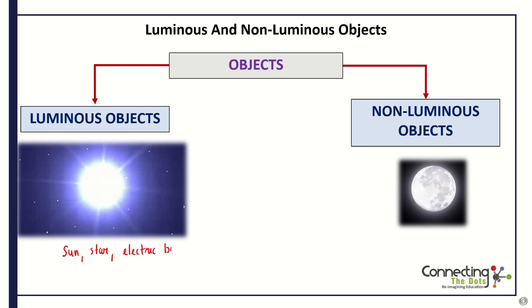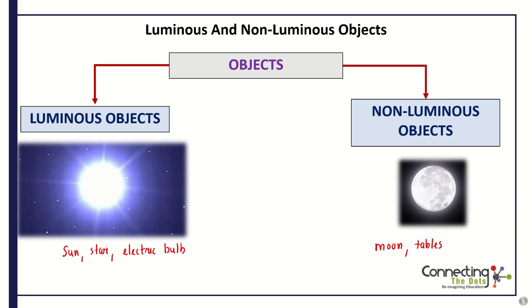They are able to emit light of their own. Such objects are known as luminous objects, whereas non-luminous objects are those objects which do not emit their own light. For example, the moon and the various objects that we see around us, like tables, chairs, buses, these are all non-luminous objects, right? Why is it so? Because they do not produce their own light.